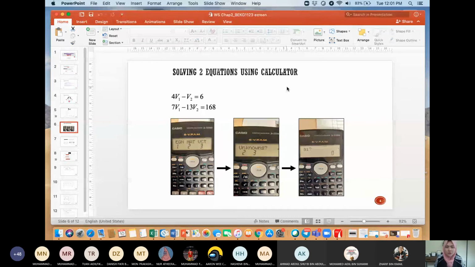So kalau boleh, you should get the same. I think you should get the same. Ataupun awak salah masuk value. Saya tak pernah guna yang calculator silver tu, so saya tak tahu.